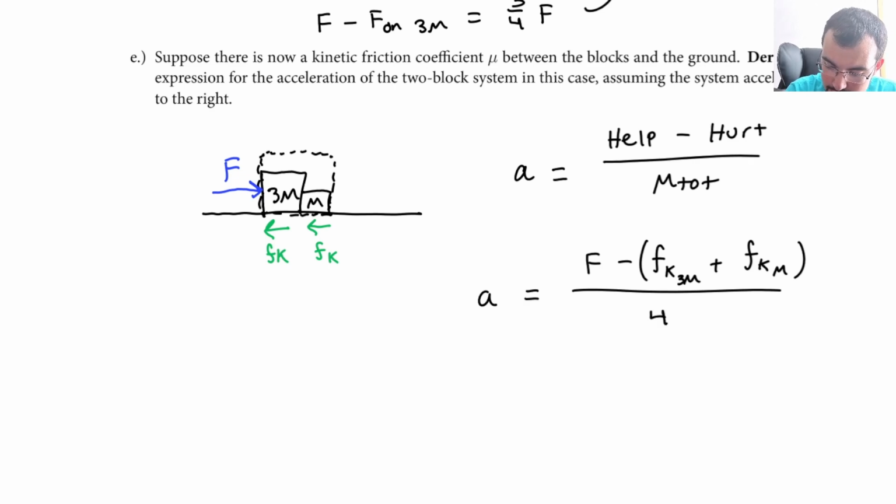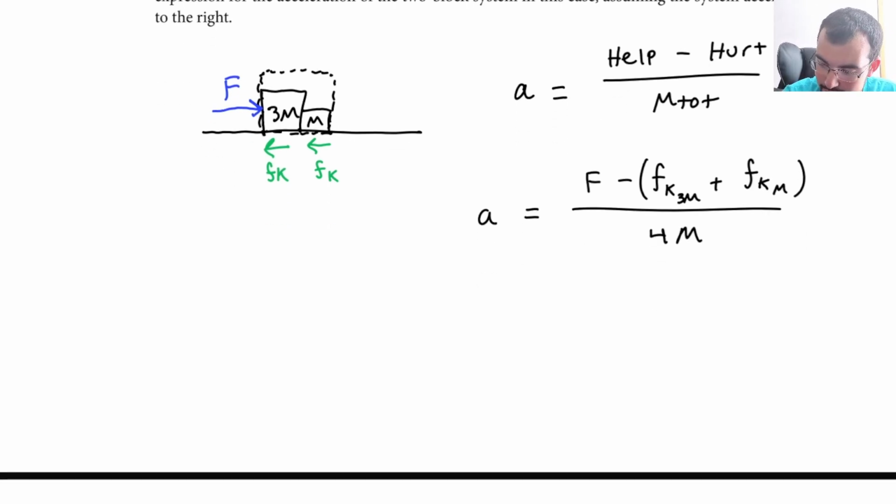Total system mass, still 4m. So what would be our frictional force? Well, again, this is just mu times the normal force on the 3m, and mu times the normal force on the 1m. Since we're on a flat horizontal surface, these will just be their respective weights.